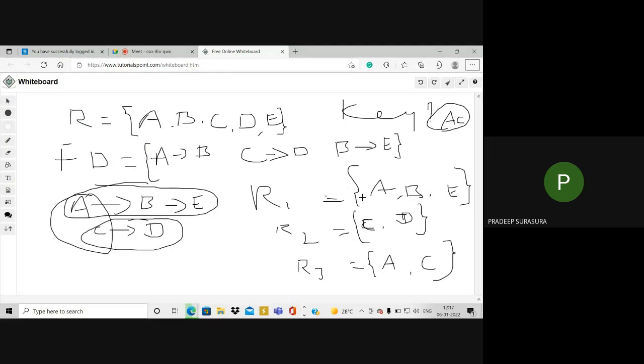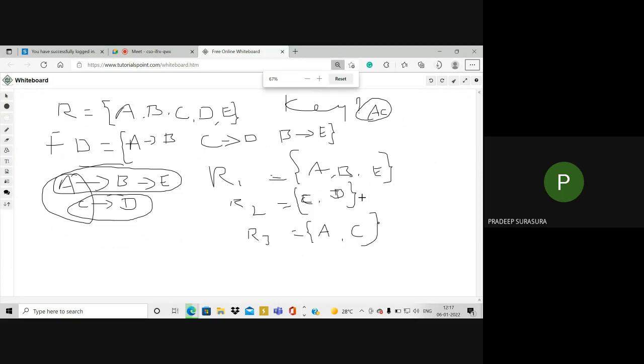If R is given to normalize to the highest normal form, you can observe that R2 and R3 are normalized, but R1 is not normalized, because in R1 I can find a transitive dependency. So proceeding to third normal form for R1, in R1 you can say that A determines B and B determines E have a transitive dependency, or the FD B determines E violates third normal form.